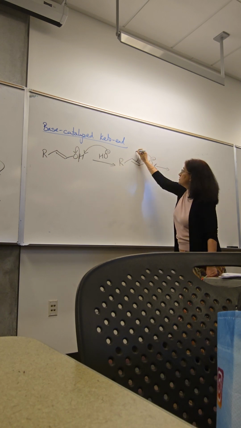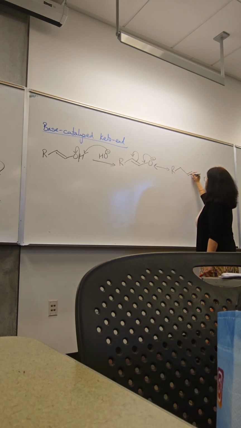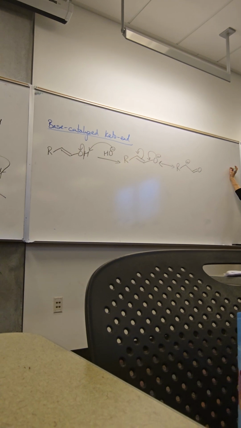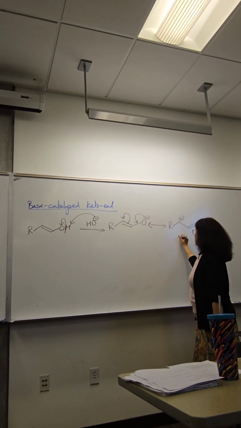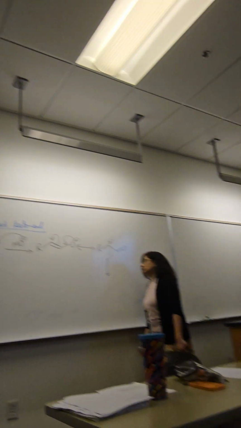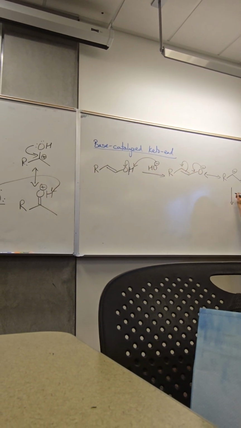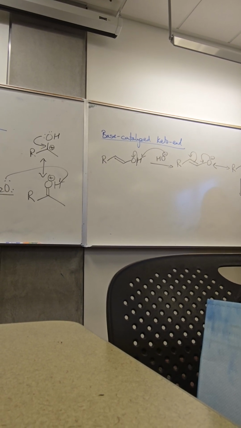And if you draw its resonance structure, this is its resonance structure. Isn't that right? Everybody? And what does that have to do to become neutral? And where is the proton going to come from? Exactly. Because the base is the catalyst. If you're going to use a catalyst, you must reproduce it.